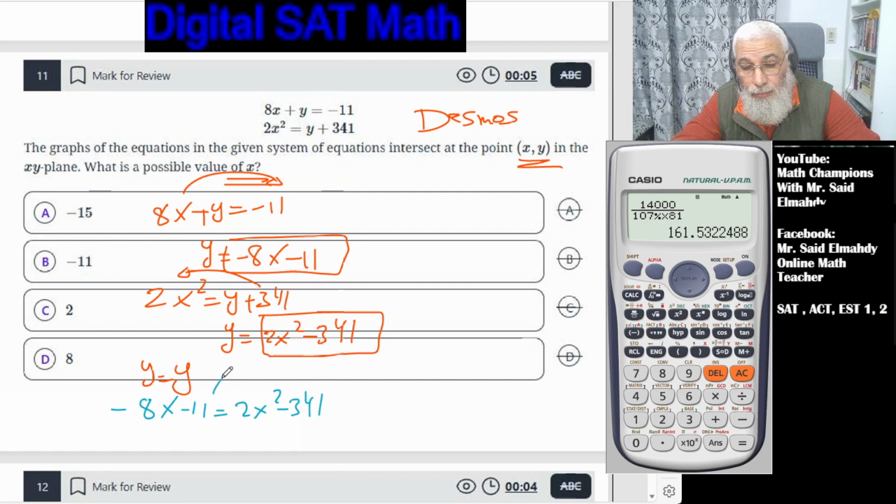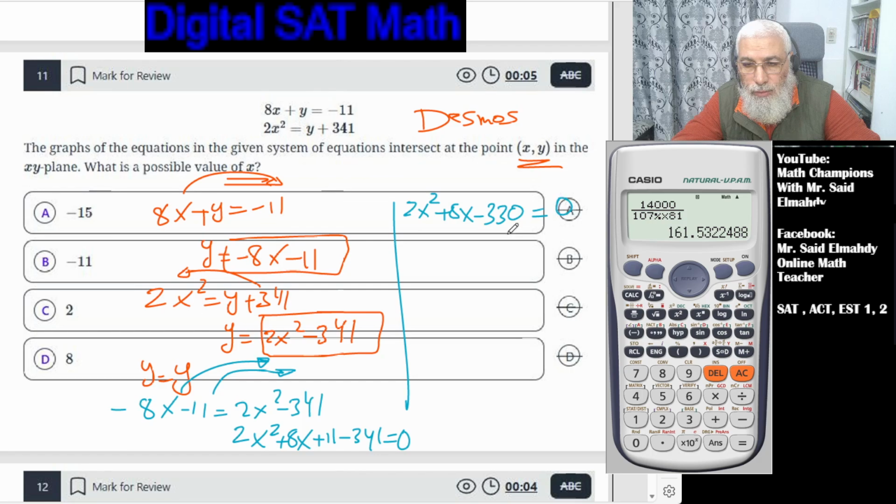So we can move everything to one side of the equation. 2x squared, minus 8x becomes plus 8x, minus 11 becomes plus 11, minus 341, equals 0. So 2x squared plus 8x minus 330 equals 0. Negative 341 plus 11 is negative 330. We can divide everything by 2.